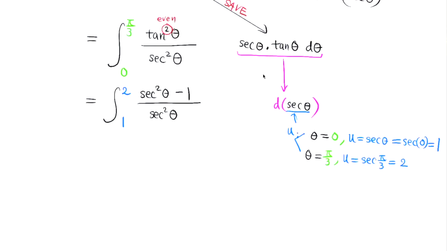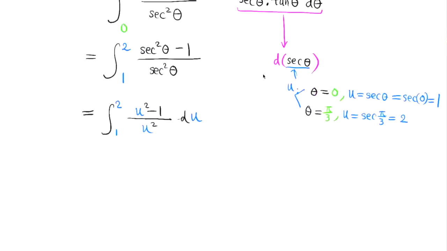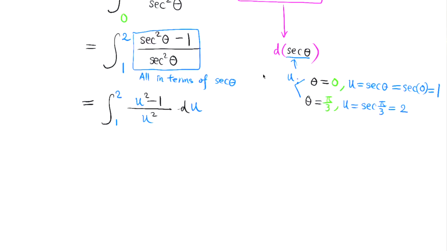We let u be secant theta. So this becomes u squared over u squared, and you go from 1 to 2. Over here, we did the u-substitution.